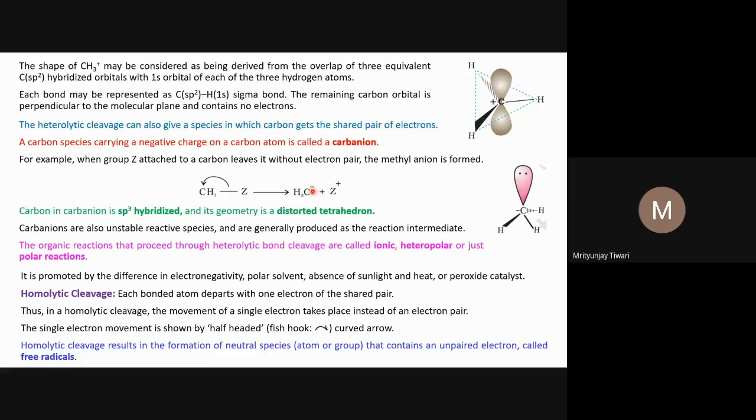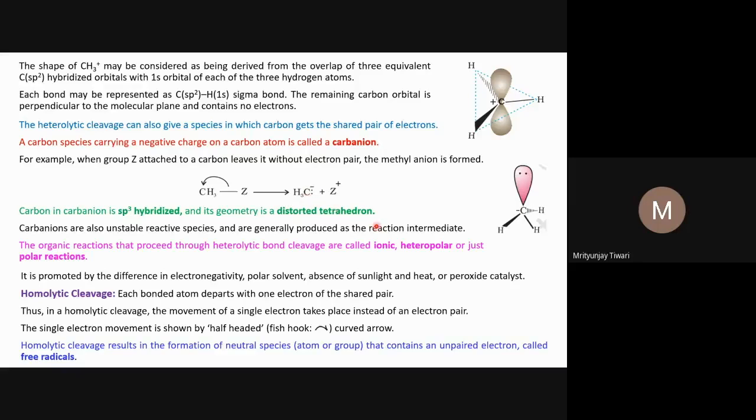If it is sp3 hybridized, the geometry of this carbon atom will be tetrahedral. But one of the positions of this tetrahedral symmetry is occupied by the lone pair. In defining the shape of this carbanion, we will not consider the lone pair, so this will be a pyramidal structure.